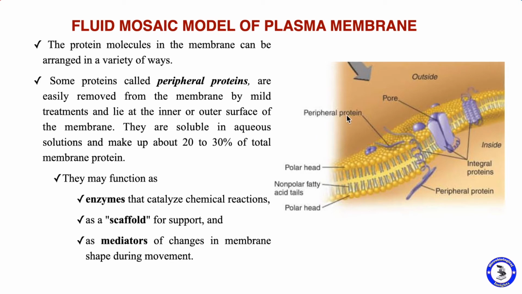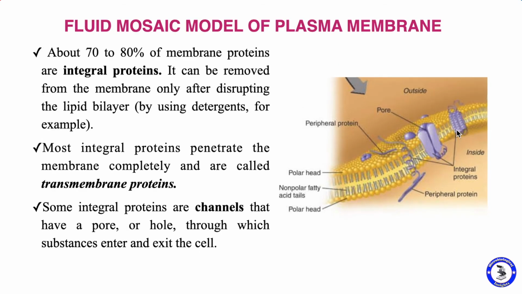This peripheral protein also has many functions. Sometimes it acts as an enzyme to catalyze a particular reaction, or sometimes as a support or scaffold, and sometimes as a mediator.